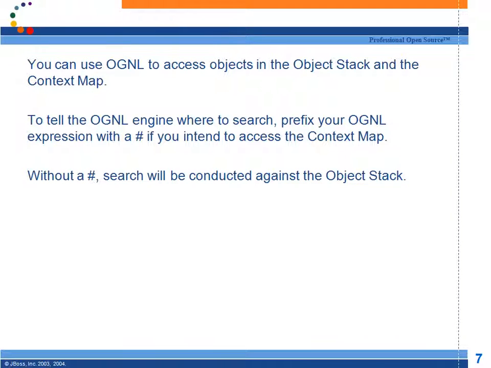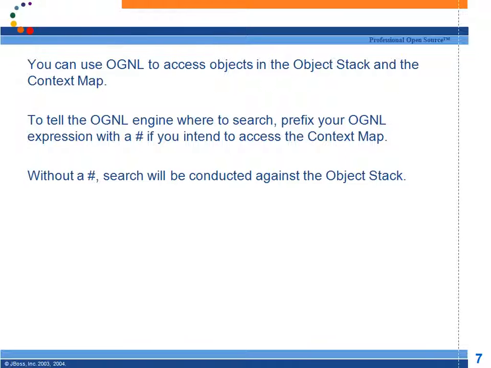You can use OGNL, Object Graph Navigation Language, to access objects present in the object stack and context. To tell the OGNL engine where to search, prefix your OGNL expression with a hash if you want to access the context map. If you want to access the objects present in the context map, prefix with hash.